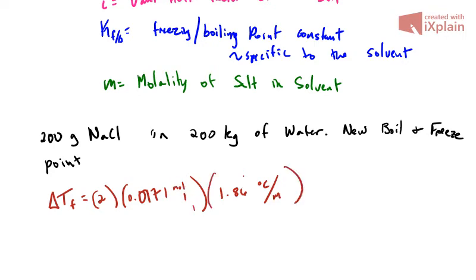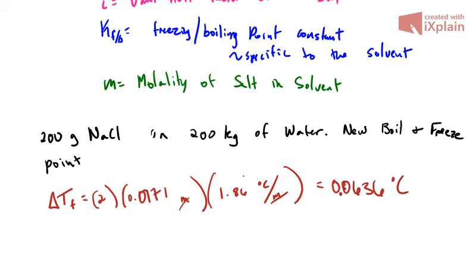When you multiply molality by degrees Celsius per molality, the molalities cancel out. When you multiply all this together, you get 0.0636, and that is degrees Celsius.